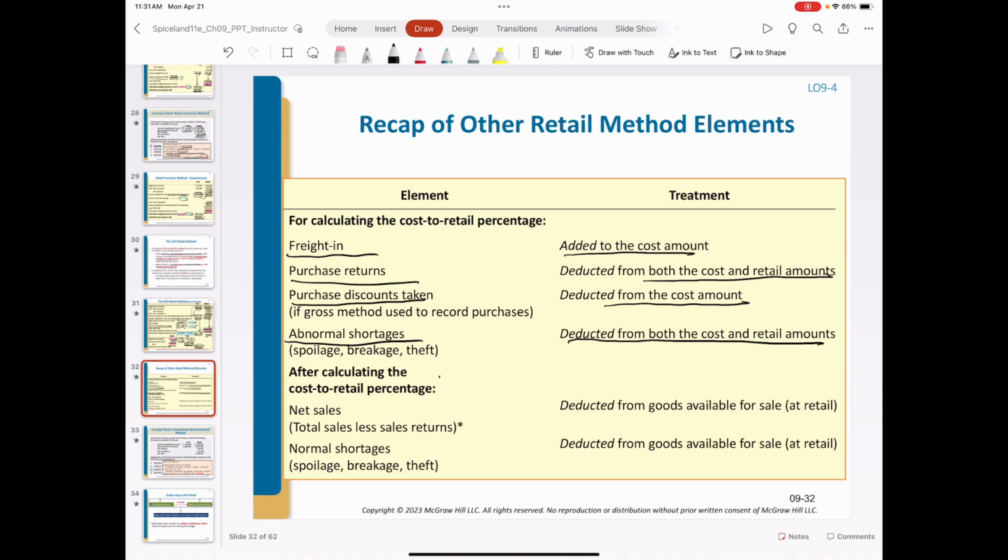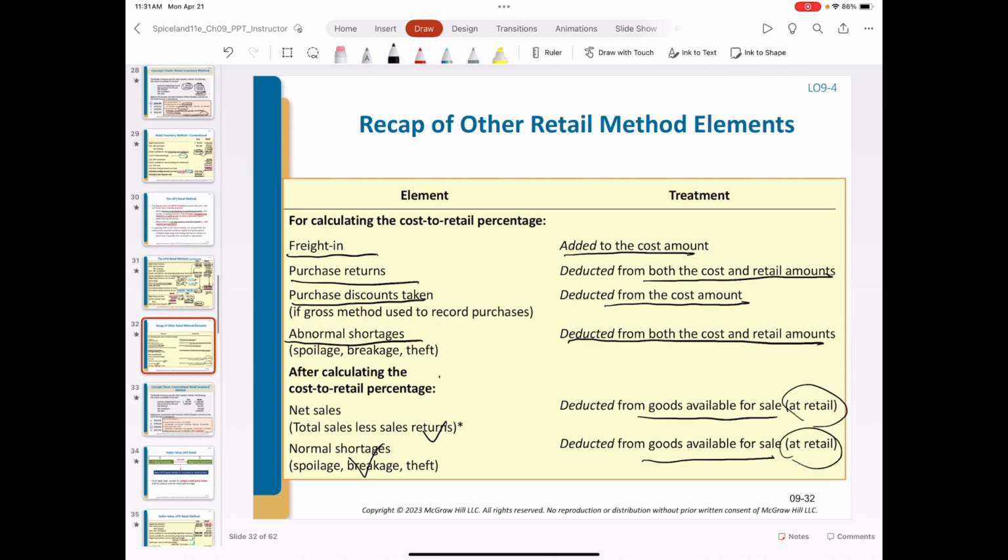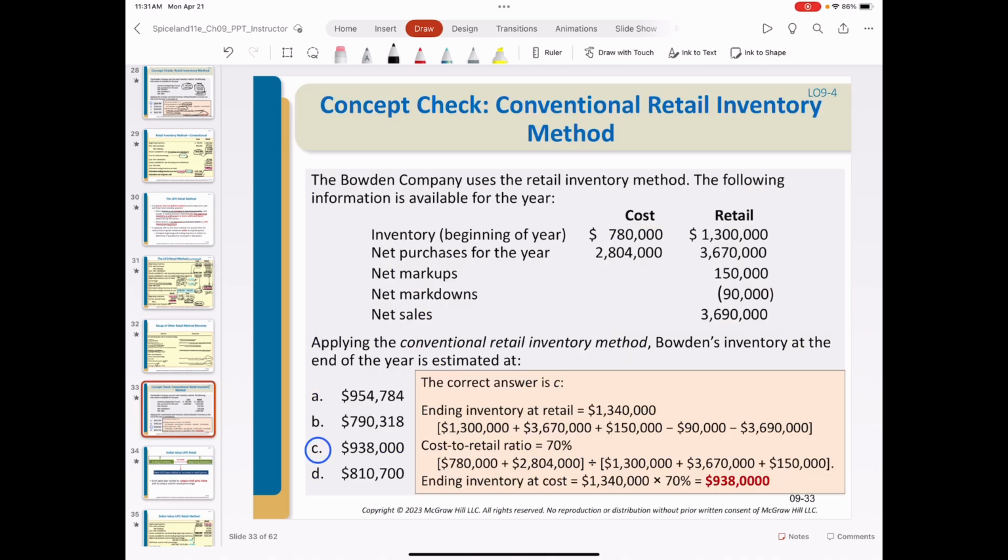So the factors above we should integrate in the calculation of the cost-to-retail percentage. Since the cost-to-retail percentage has been determined, the next two factors will only have an impact on the retail value column. So we are asked to use the conventional retail method. In the conventional method, we only include net markups.